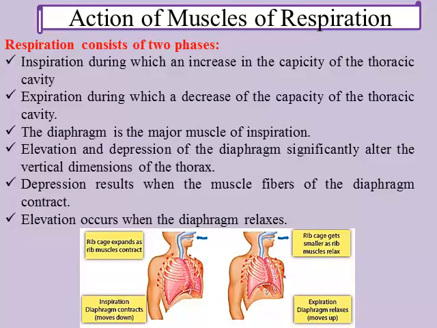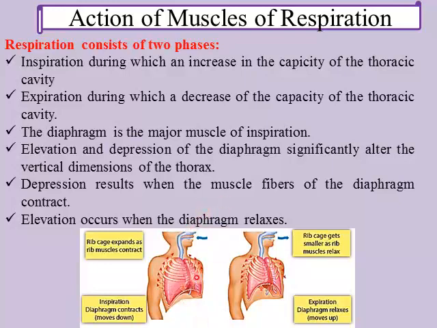Muscles of respiration. At first, we have to know that respiration is divided into two phases. Inspiration means that the air comes into the thoracic cavity. It is a process by which all the thoracic cavity capacity will increase to draw more air inside the chest.